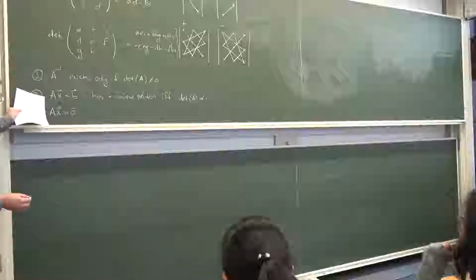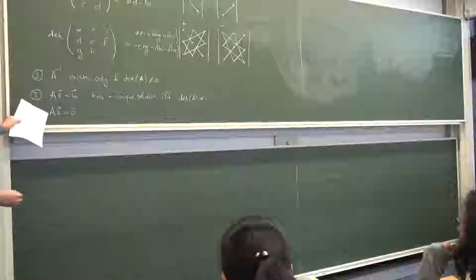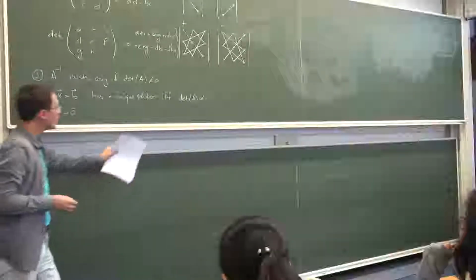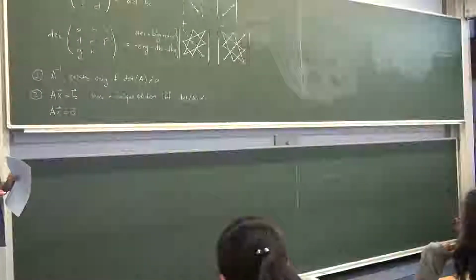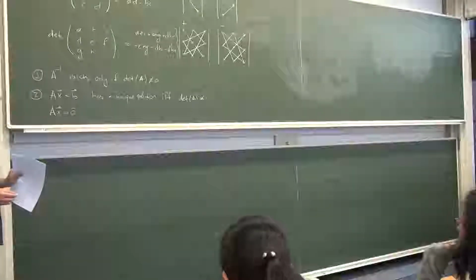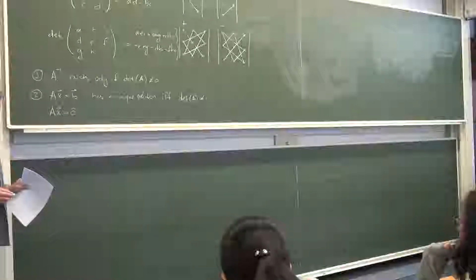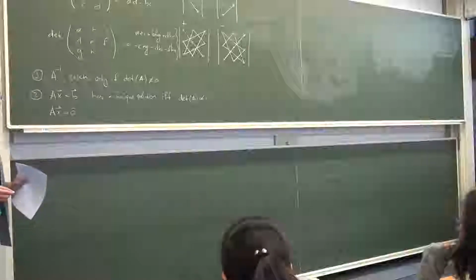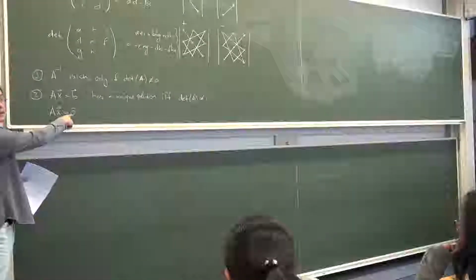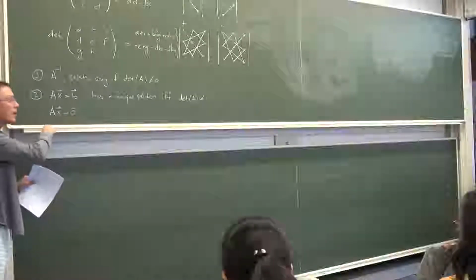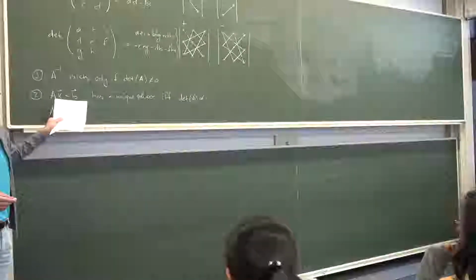However, from the previous statement, if the determinant of A is not 0, then this system will have a unique solution. And of course, that unique solution, you can easily tell me what it is. It is the case of an all-zero vector. Because if we multiply a matrix by a 0 vector, we will get a 0 vector. So that's a solution. And because it's unique, that's the only solution.